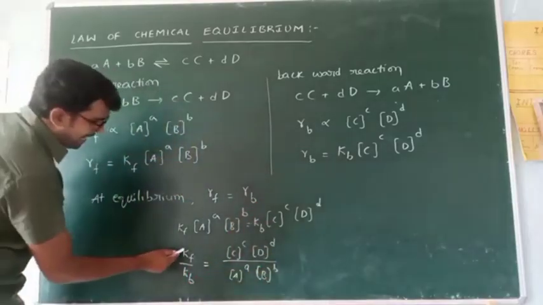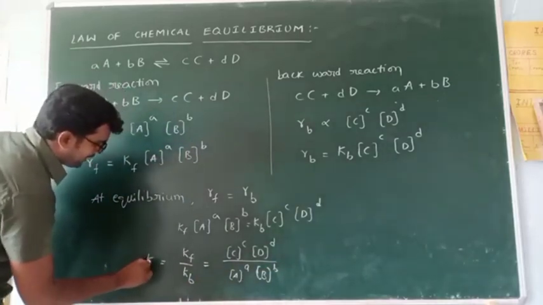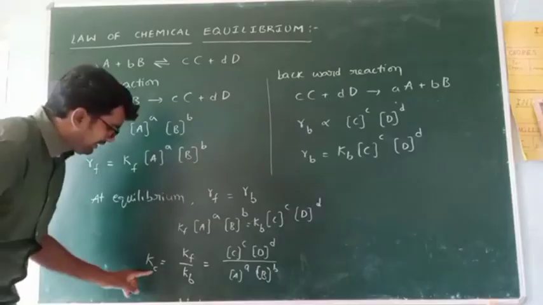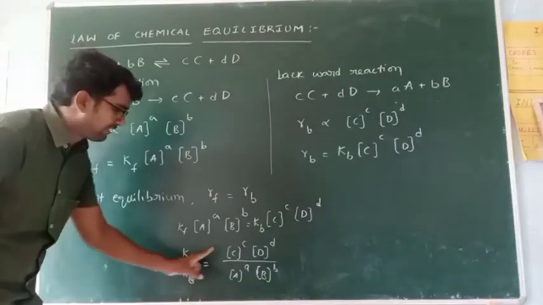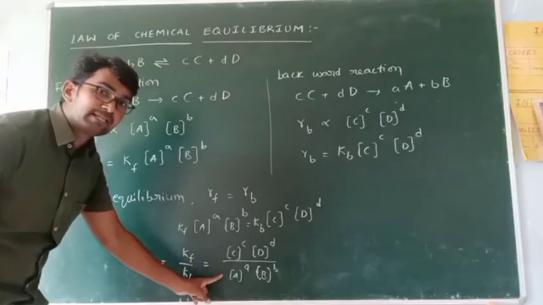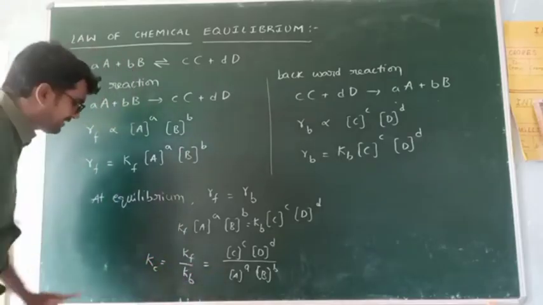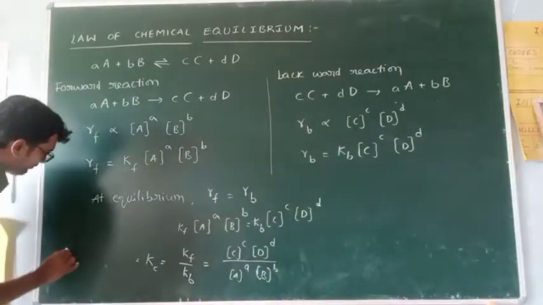So simply Kf by Kb is equal to Kc. C means concentration terms; products and reactants both are present in the concentration terms. That's why Kc. So Kc is the equilibrium constant.